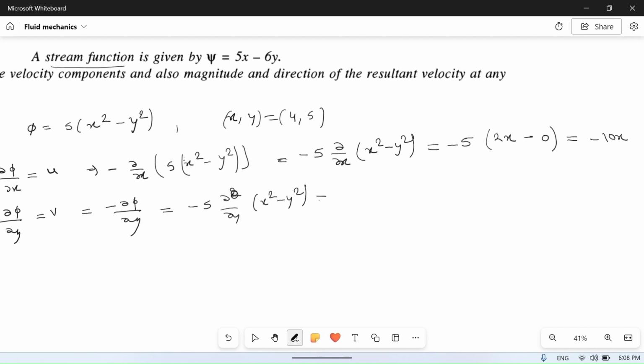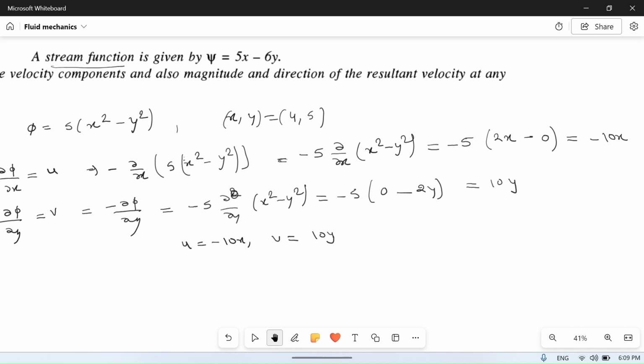So it will become minus 5 times, del x square upon del y is 0, and this will become minus 2y, so it will become 10y. So u is equal to minus 10x, v is equal to 10y.